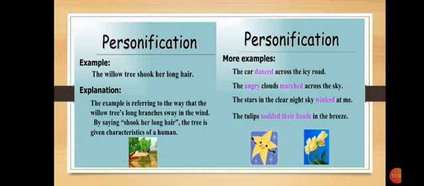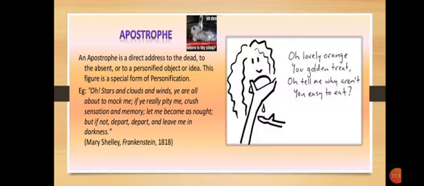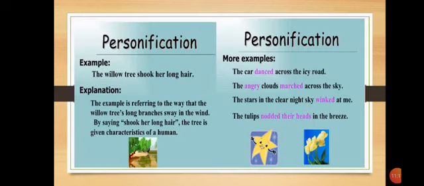Maybe the car was moving quickly. So it is personification. There is one more poetic device which is similar to personification, that I will also discuss with you, but at the end of this chapter.